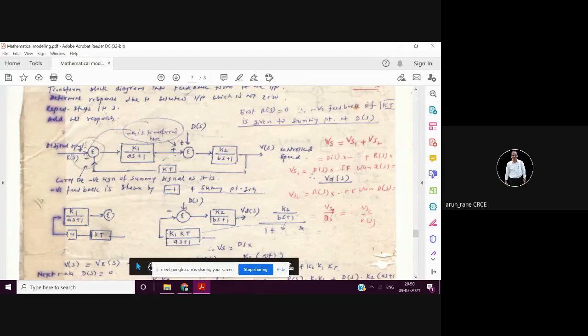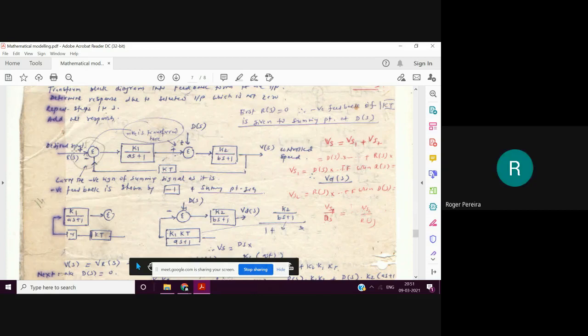First we consider Rs as zero, so there is no input here, and we will consider that output as Vs1. So Vs1 is the output when Rs is equal to zero.